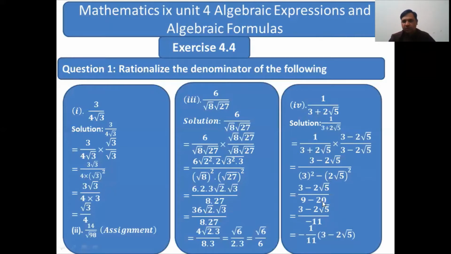So 5 fours are 20. So 9 minus 20 is minus 11, which can be written as minus 1 by 11 times 3 minus 2 square root of 5.